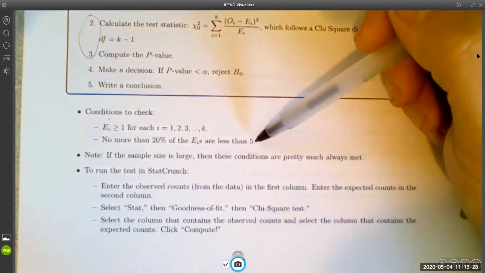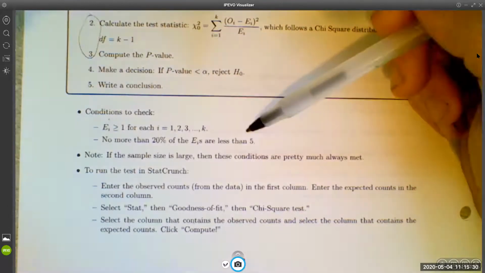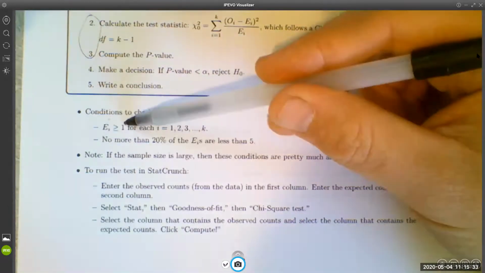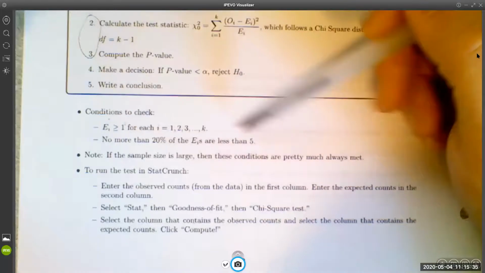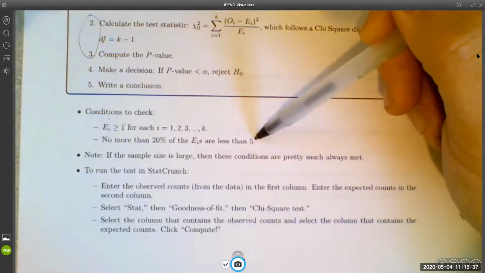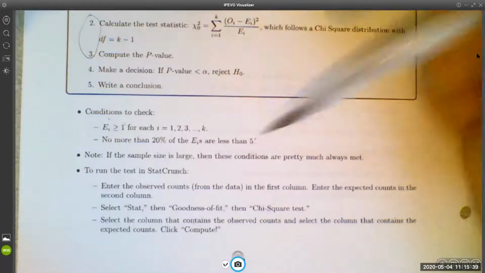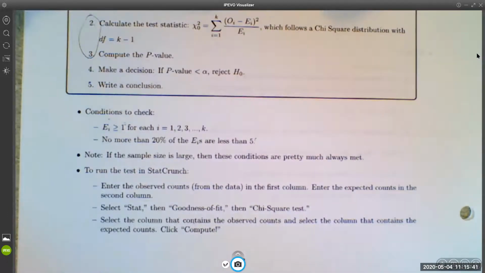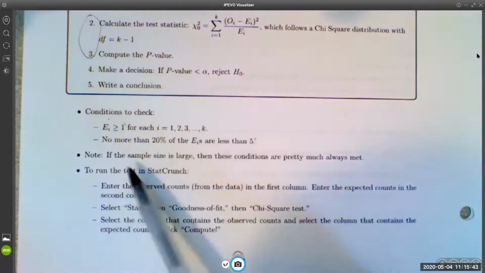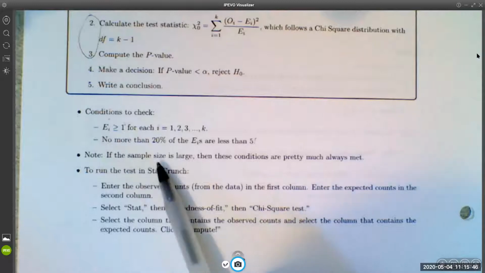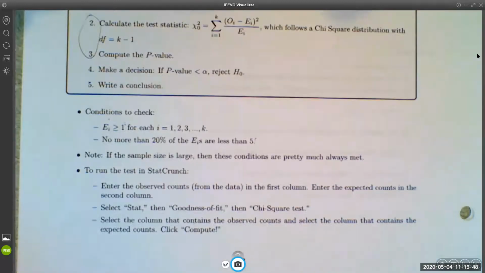So no more than 20% of them are allowed to be less than 5. In order for you to run the test, that condition is pretty much always going to be met as long as your sample size is large.